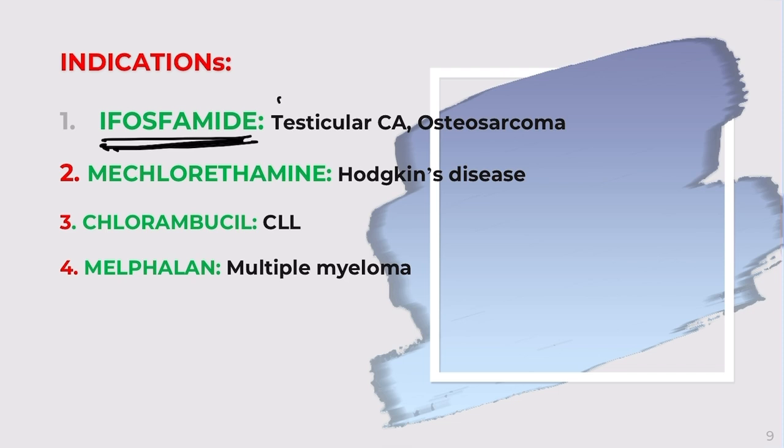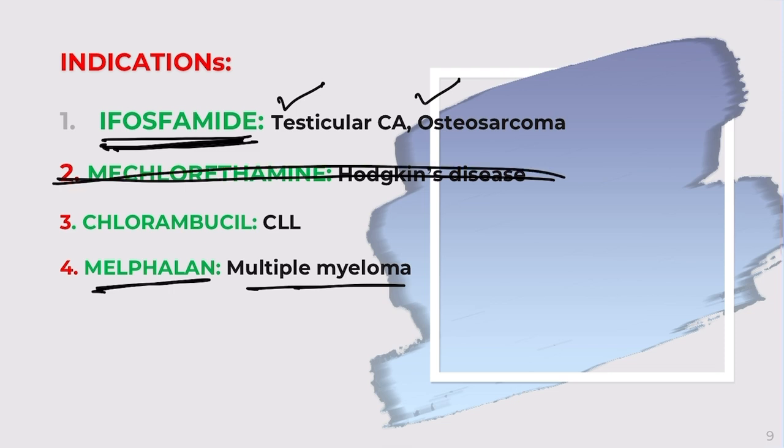Ifosfamide is used in testicular carcinoma, osteocarcinoma. And I have written few nitrogen mustard compounds' indications, but remember, melphalan is used in multiple myeloma. Don't read this. Melphalan is used in multiple myeloma.